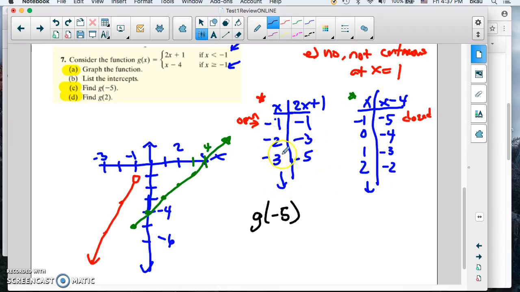Well, we look at the x values here. This one's going up, this one's going down, so g of -5 would go here, so we would plug it into this chart. So that'd be -10 plus 1 or -9. So the answer to this is -9. It's on this red piece of the graph. Whereas g of 2, we already know where that is because I've done it already in this chart. That's going to be -2.